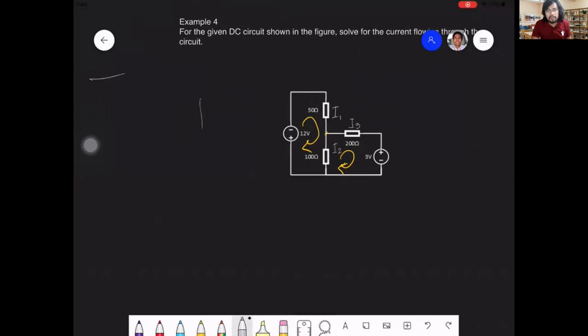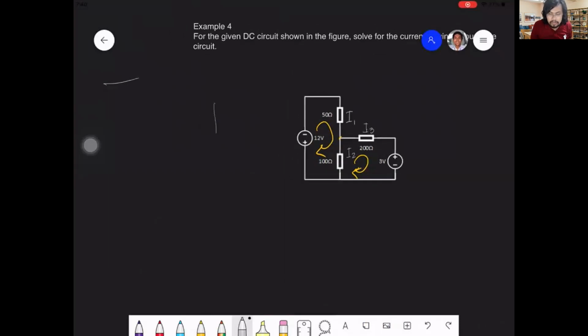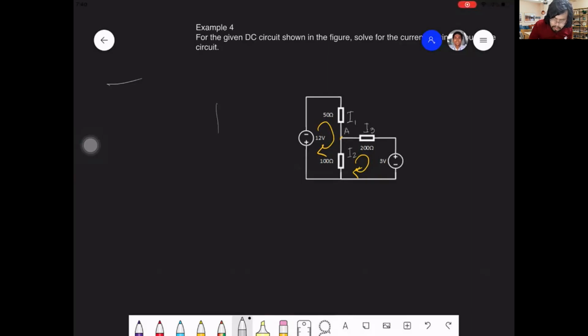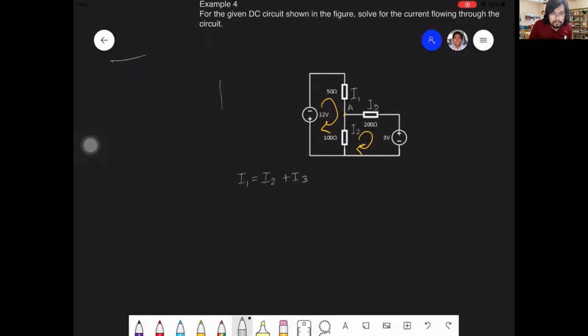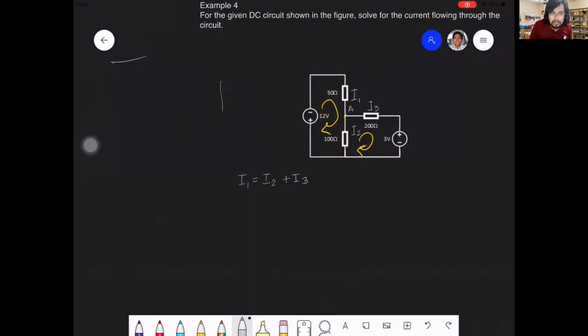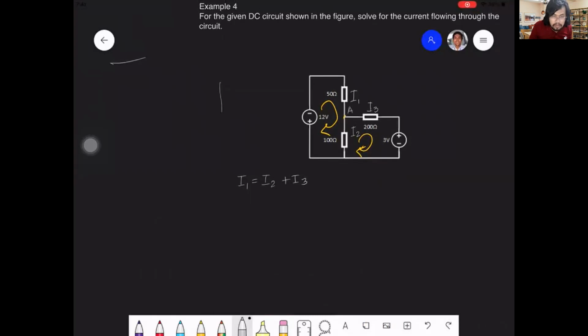So we use equation 5 in junction A, and we have I1 equals I2 plus I3. And we make use of the loop rule.